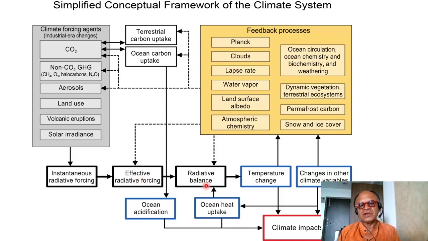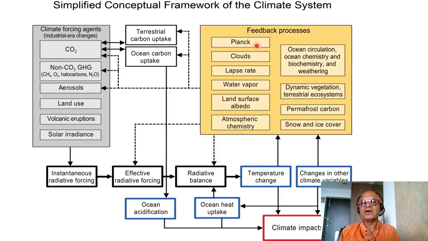That results in radiative balance, which includes how much heat is going into the ocean, and that leads to temperature change, which then leads to climate impacts, not only anthropogenic change and global warming, but even the seasonal changes or heat waves and so on, which could very well be natural. And then it feeds into the range of feedback processes that we talked about.